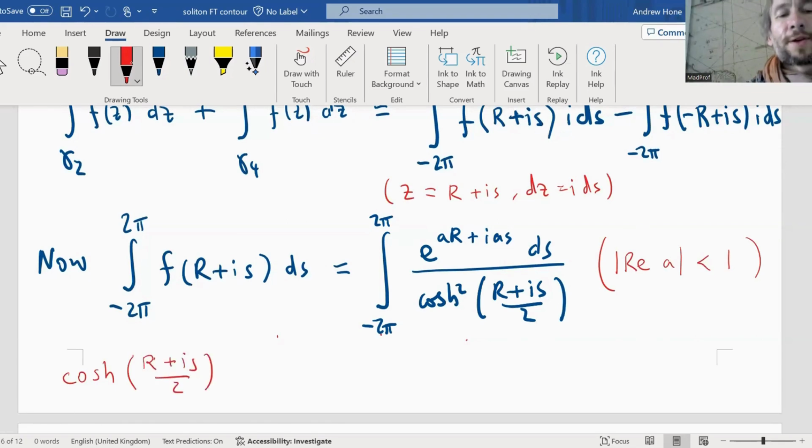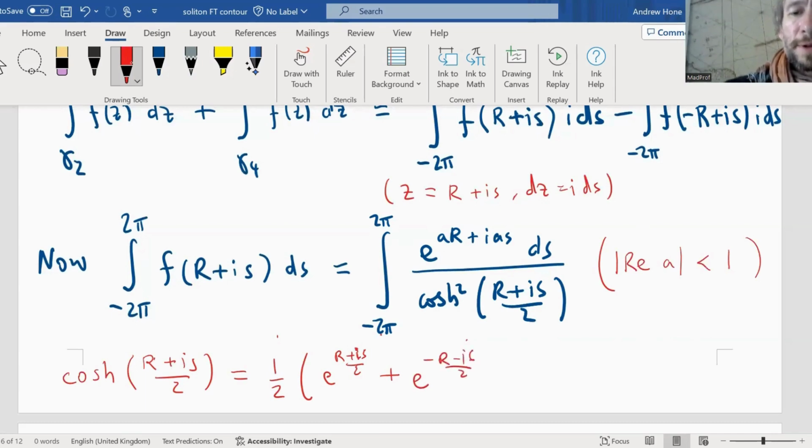So let's look at this hyperbolic cosine. It's 1/2 of e to the (r plus is)/2 plus e to the minus (r minus is)/2. Okay.